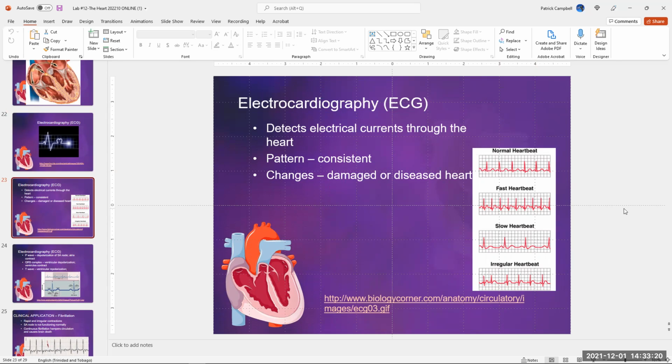The waves. How many waves? Yeah, the PQRS wave. And how many humps do you see for the fast? The T waves are very close to one another. They do.